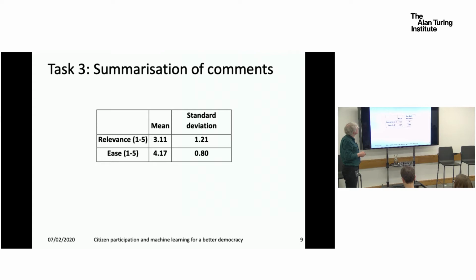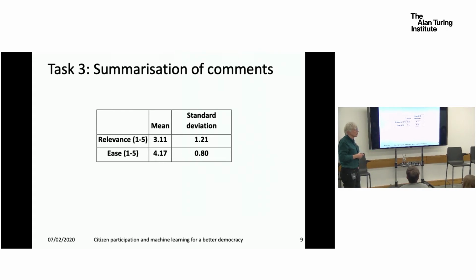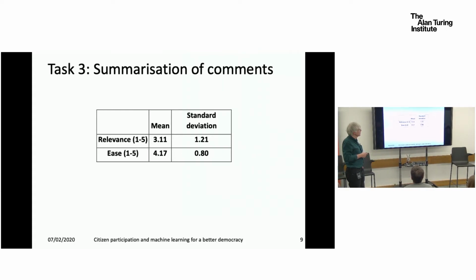Summarisation of comments. This now is a one-condition test, and all we're inviting subjects to do is to rate the relevance of the summaries that they found, and also comment on the ease of being able to come to a summary of the comments for a particular set of proposals.